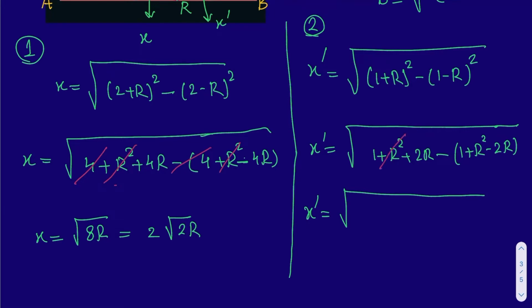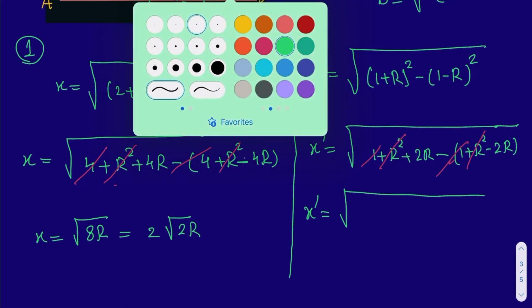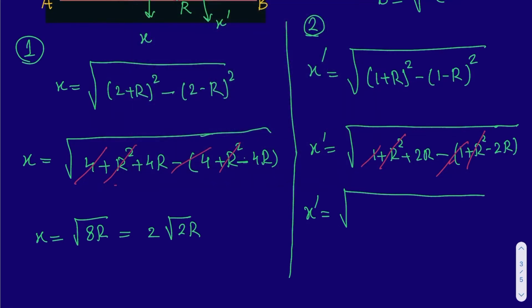This r squared will be cancelled out with this r squared, and this 1 with this 1, and then we will be left with 2r plus 2r, which will be equal to 4r, which I can simplify further to get 2 square root of r.